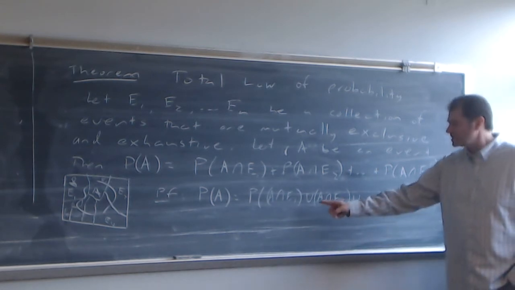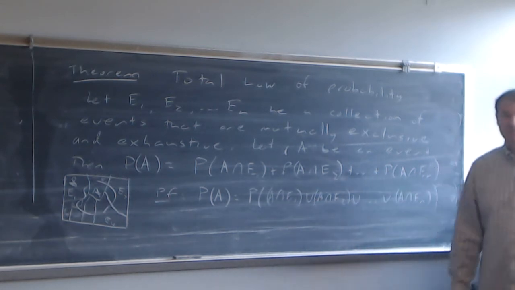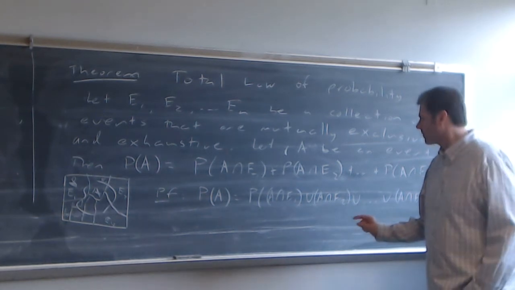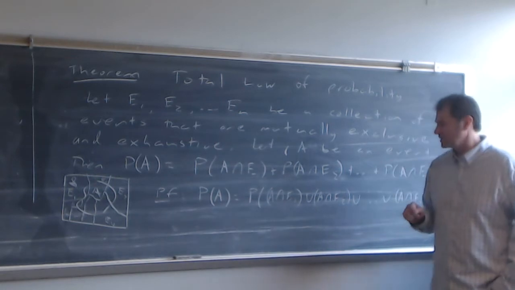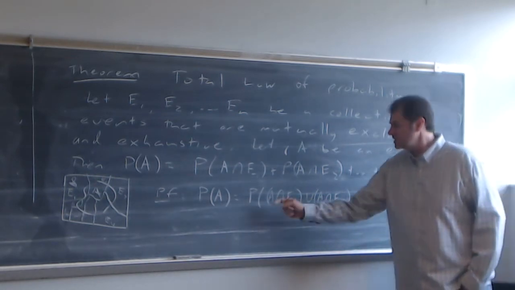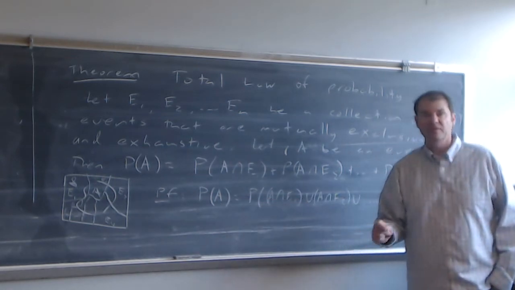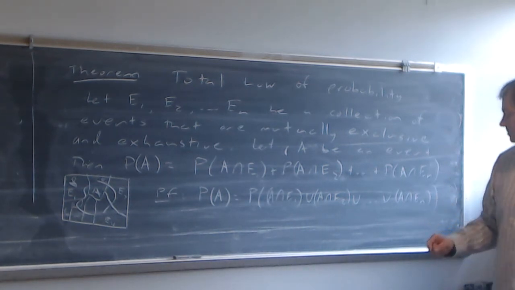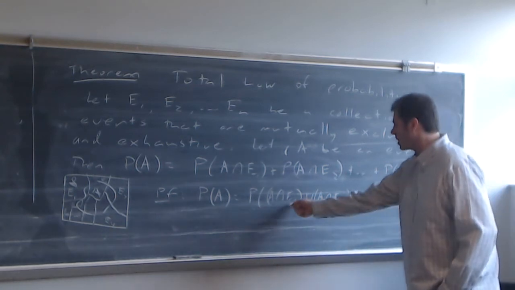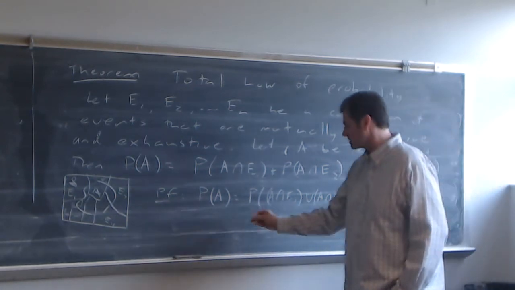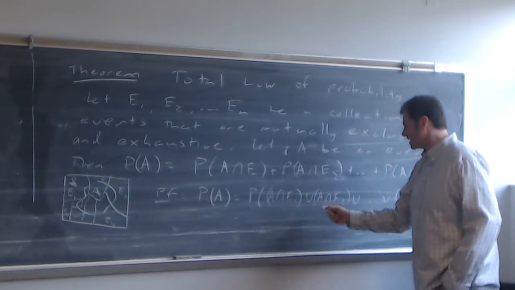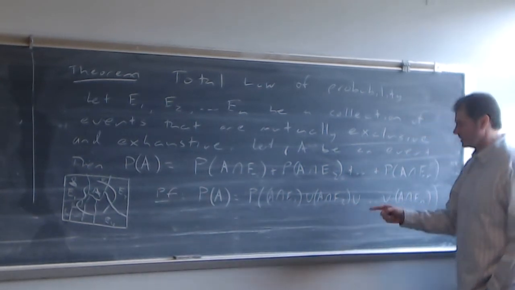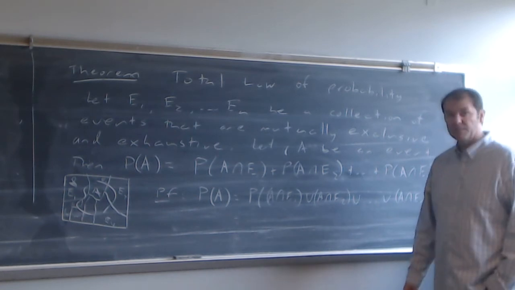And what happens is that you can see by the picture, this equality comes from the fact that the sequence of events E1 through En are exhaustive. Okay? So that's how we do this. Now, because the E1 through En are mutually exclusive, it makes A intersect E1, A intersect E2, and A intersect En, all the way in between, mutually exclusive.